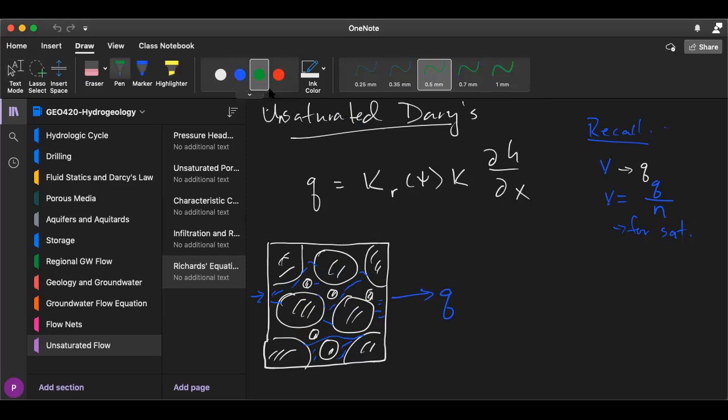So now my velocity in my unsaturated media is equal to the Darcy flux divided by this guy.